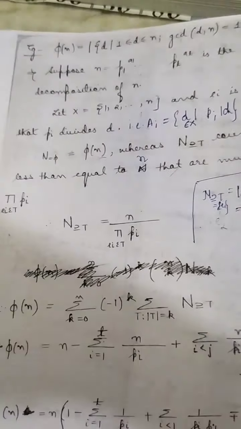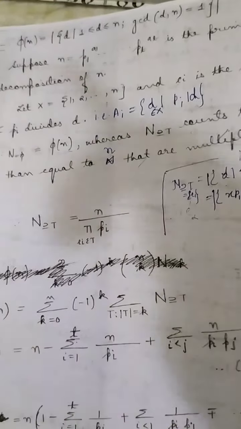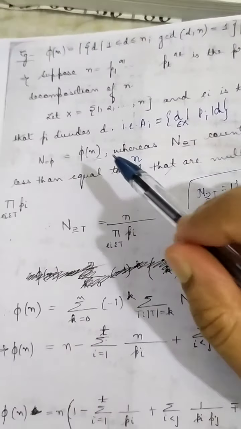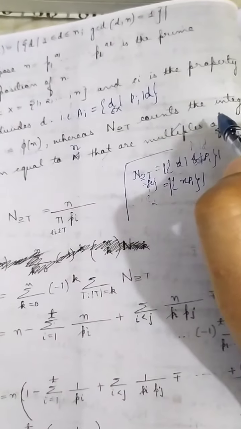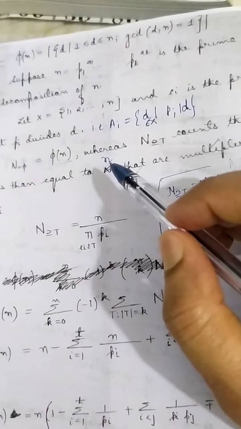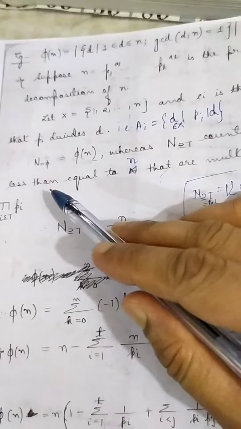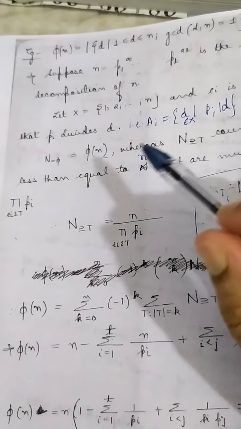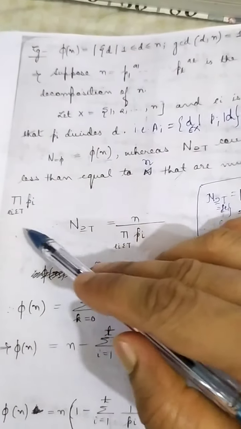Our objective is to find out this set, how many elements there actually are which are less than n and multiples of this.